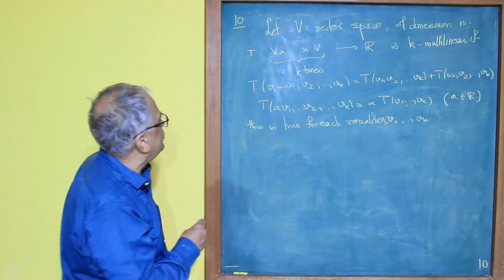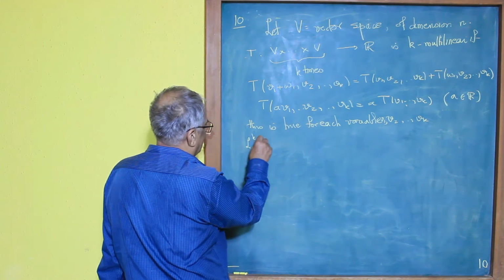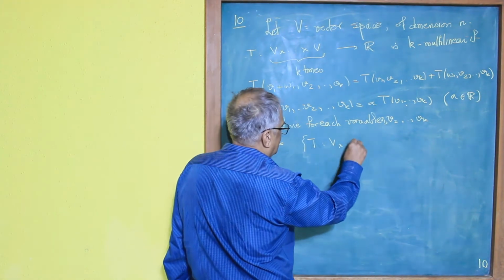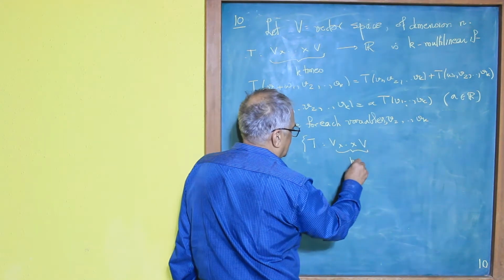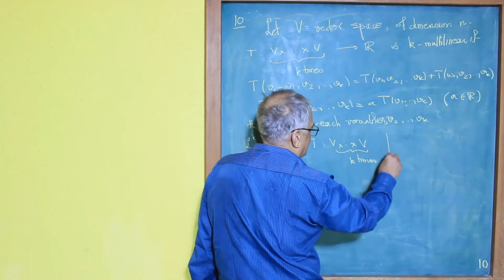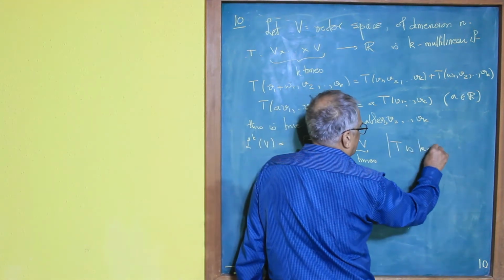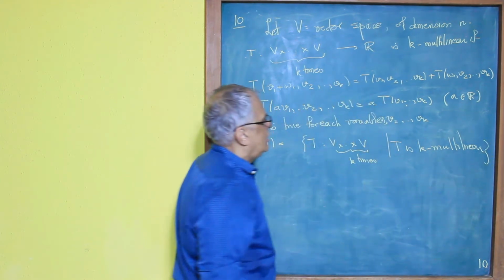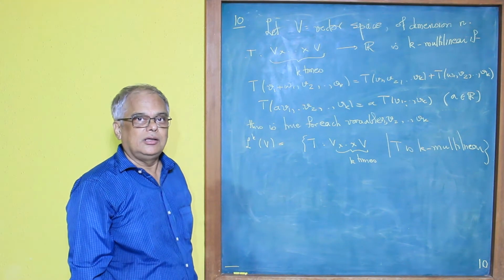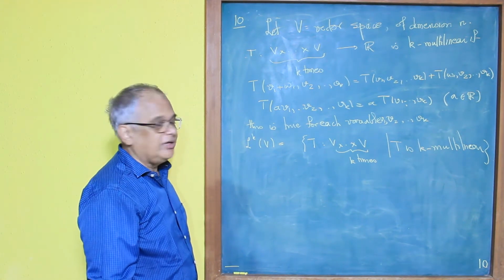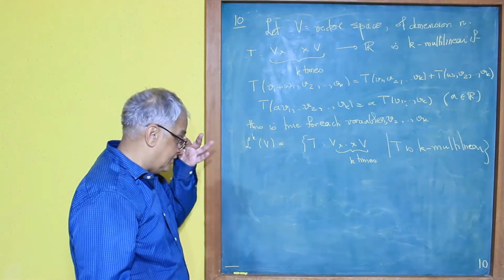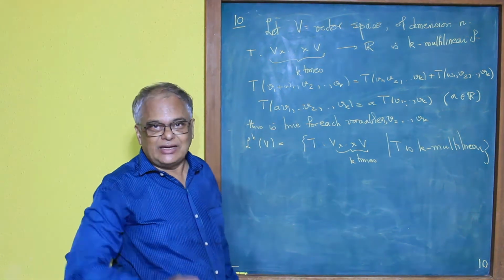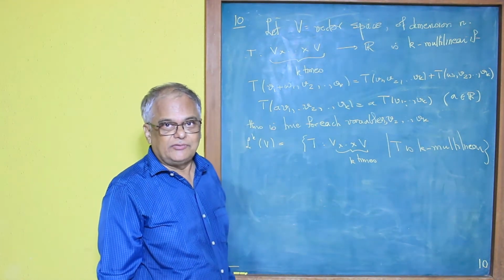Okay? So L^k(V) is the set of all k-multilinear maps on V cross V cross V. Now be slightly careful with this, because if V and W are vector spaces, then V cross W is also a vector space.